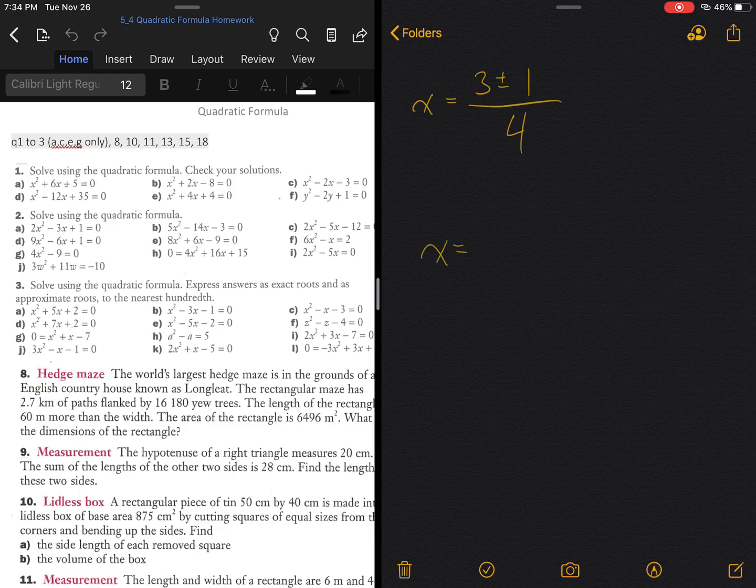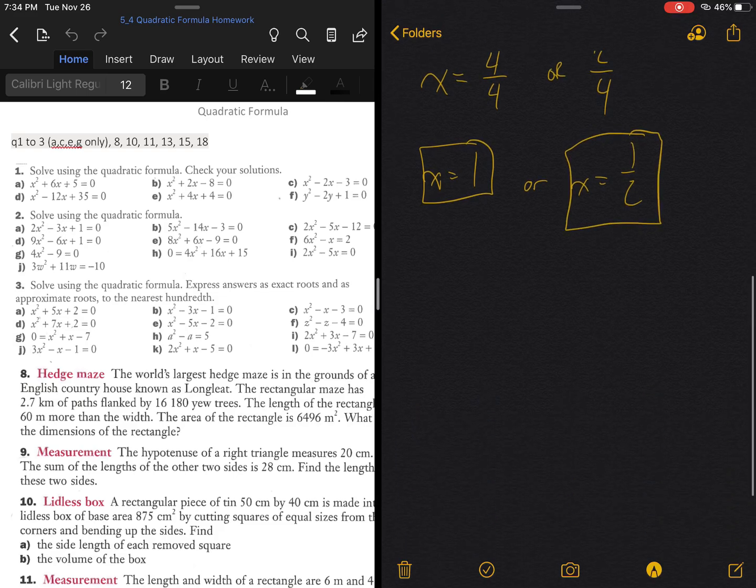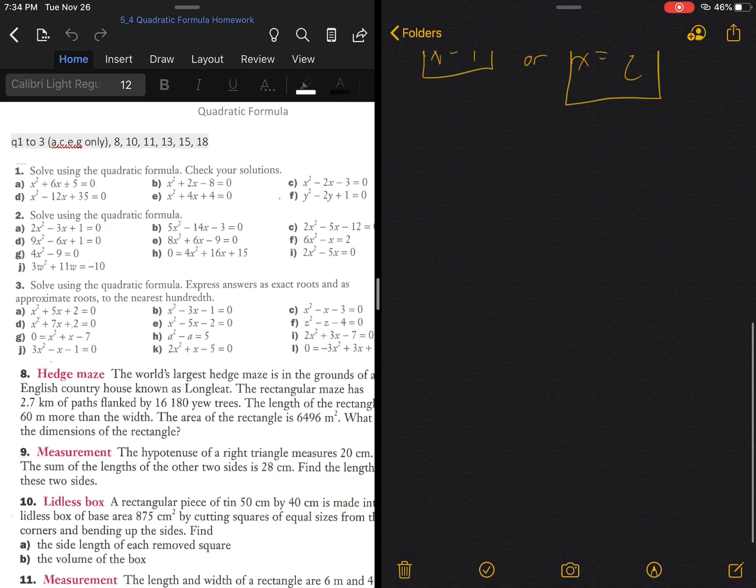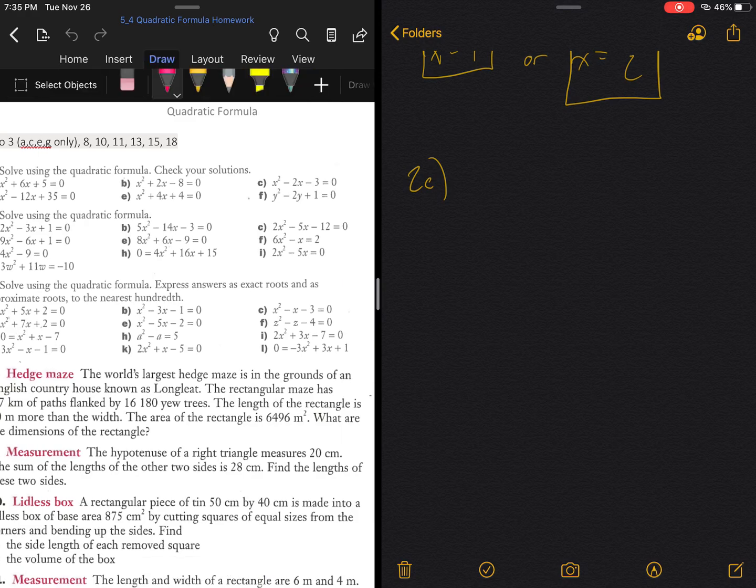That's the square root of 1, which is 1. x equals 3 plus 1 over 4, which is 4 over 4, or 3 minus 1, 2 over 4. x equals 1, or x equals a half. Okay, that's A. Let's try C, 2C.